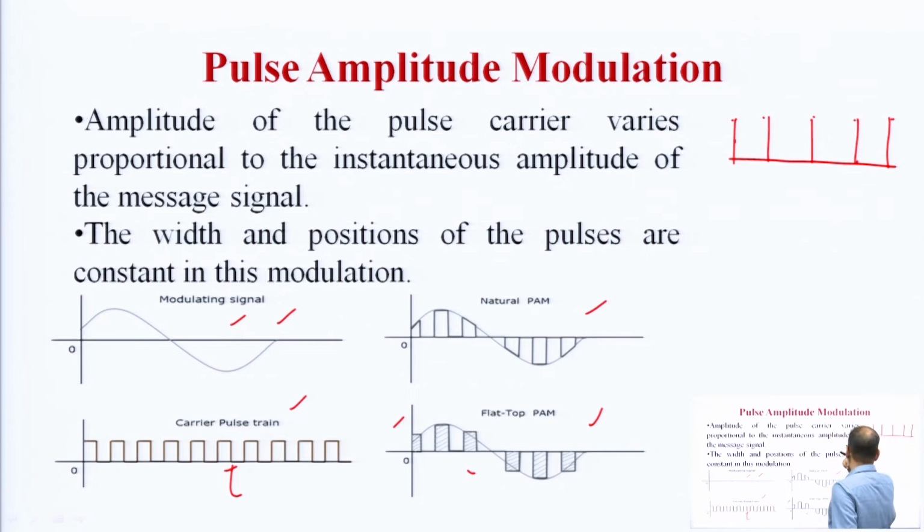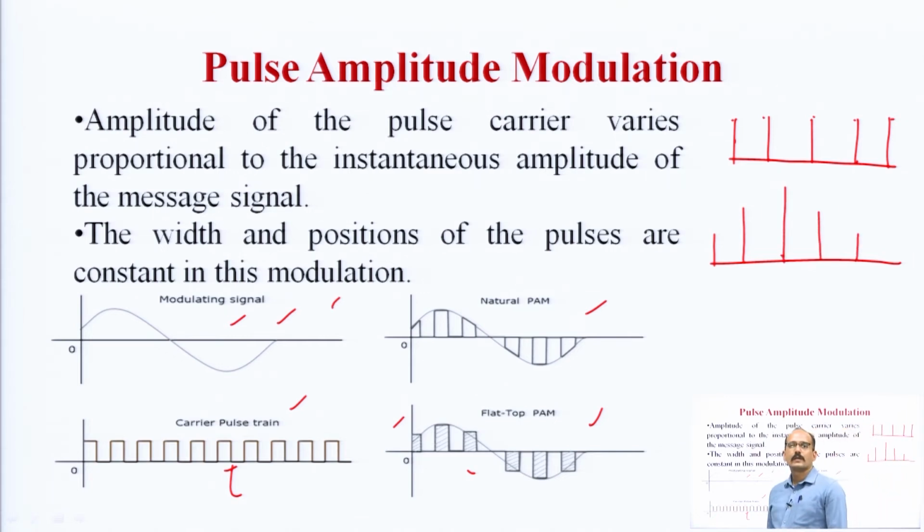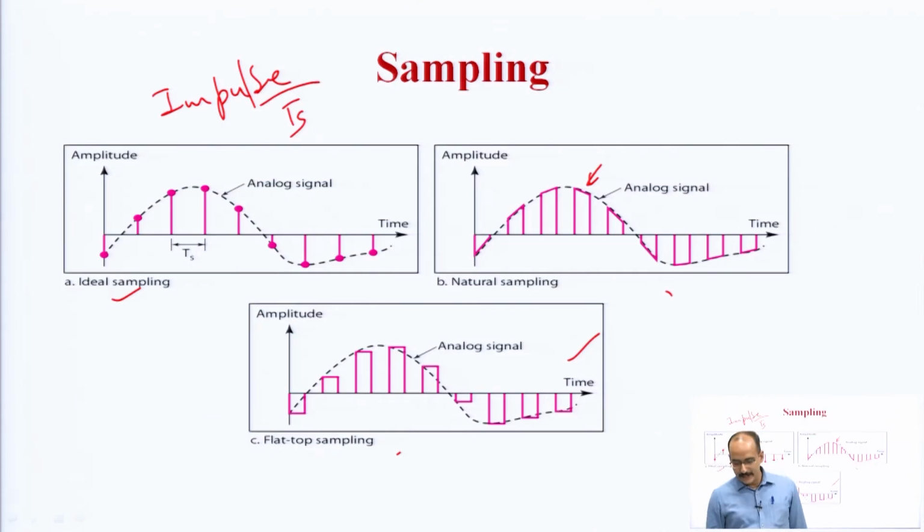This unit impulse train give you the ideal response or ideal sampled response of this input signal. Then this impulse response is performed convolution with this carrier pulse train, and as per the convolution property we are going to get this flat top sample.